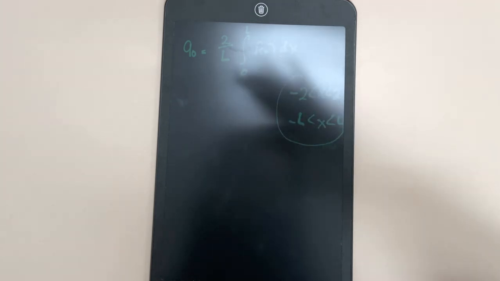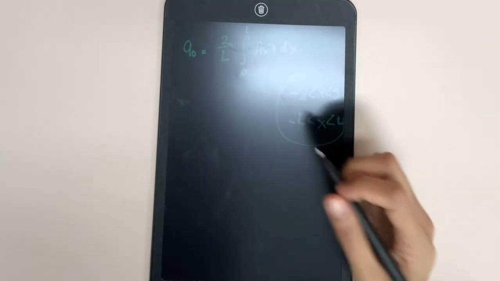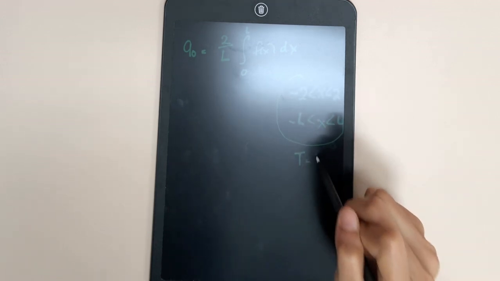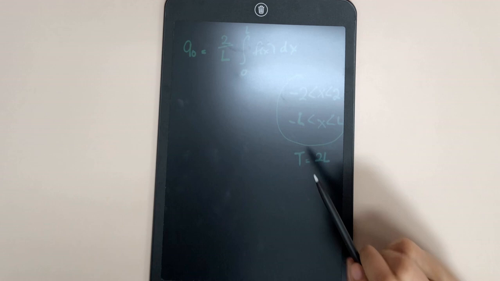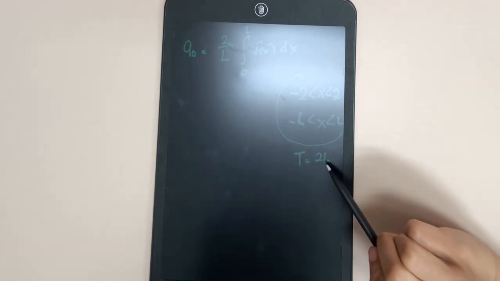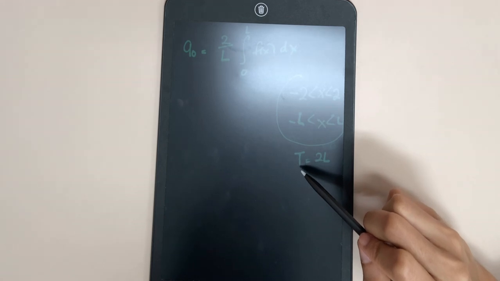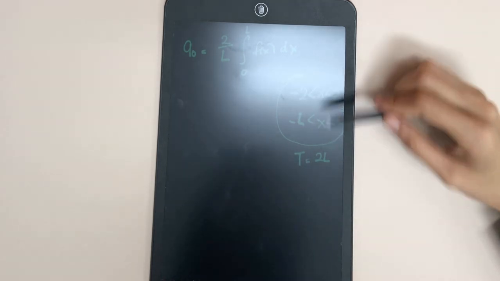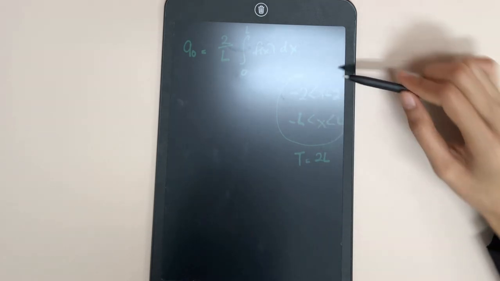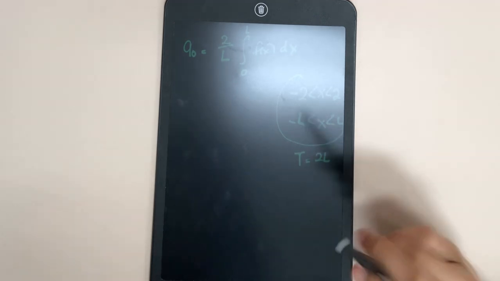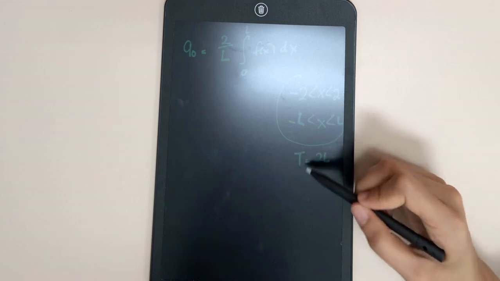It's not important because the relation is T equals 2L. T is the period. So actually, other than using the interval, you can also get your L based on this. It means T will have a value later.